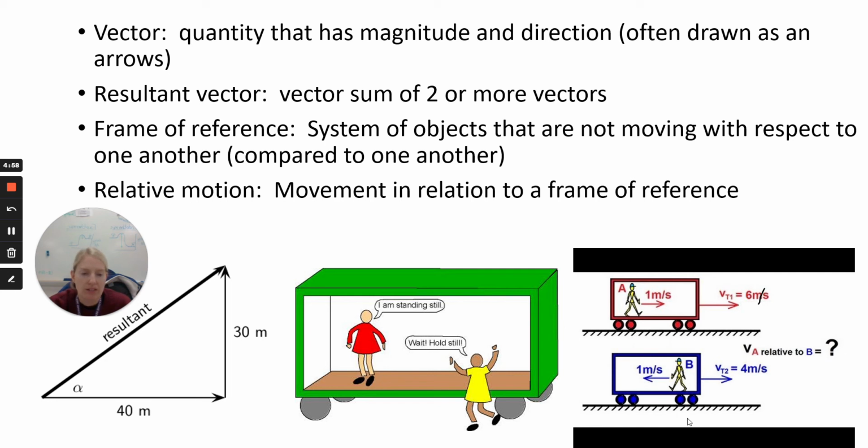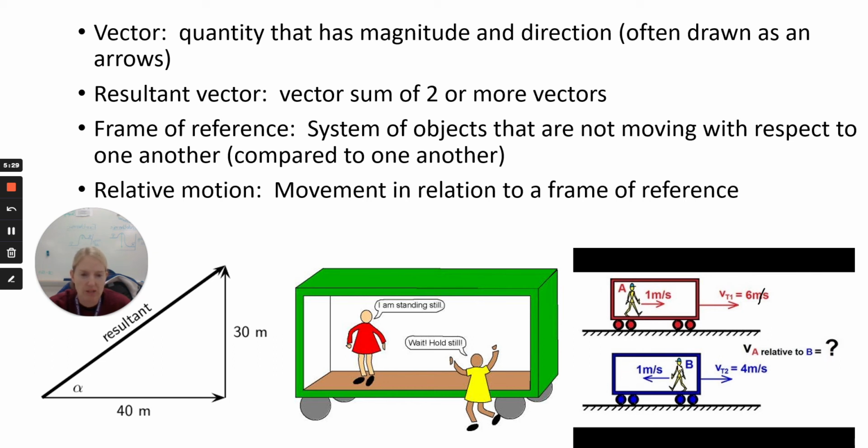This person, on the other hand, is walking toward the back of the train, or in the opposite direction. So since these are in opposite directions, we're going to subtract them. So our person, compared to the ground, would be moving at 3 meters per second, still to the right, even though they're trying to walk toward the left, because we can see that obviously this has a larger magnitude than 1 meter per second does.